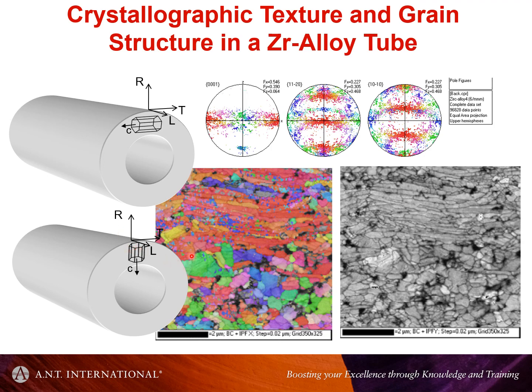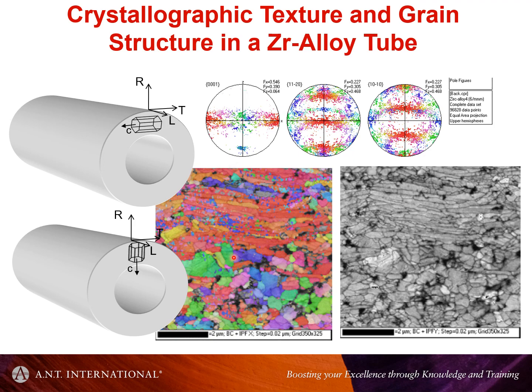In this projection, many of the grains appear in a more or less equiaxed shape when they have their c-axis oriented in the radial direction. So this is the radial direction here.